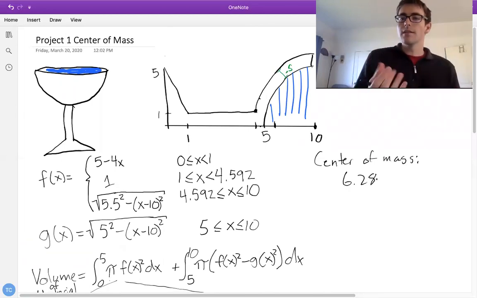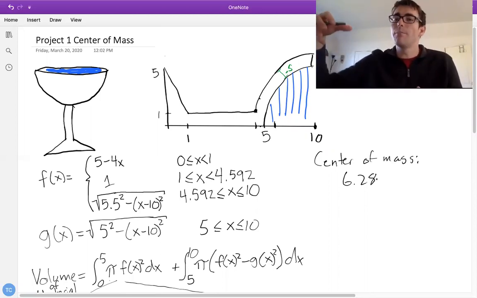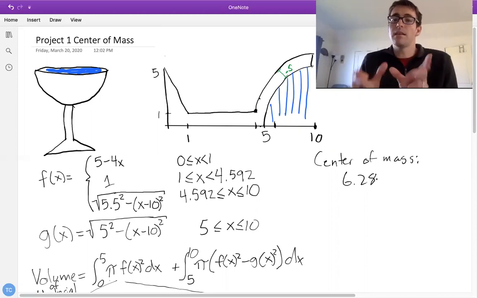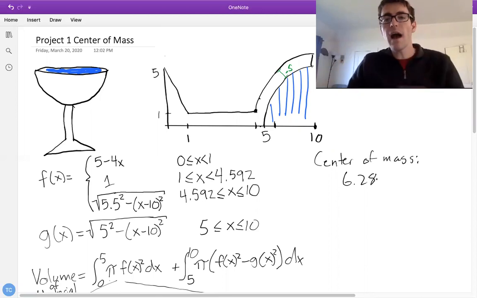The concern is that if the center of mass is too high, the whole goblet is unstable and might tip over. The thing that matters is how big the base is in relationship to the height of the center of mass. The way I set it up, my base has a radius of 5.